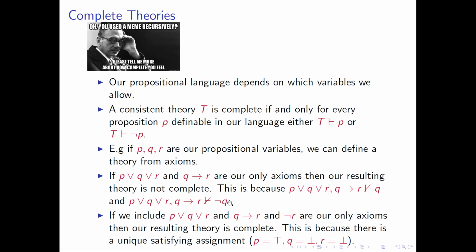But if we added the axiom not R, then we are in a complete theory. And being in a complete theory basically means that we only have one satisfying assignment, a unique satisfying assignment for the axioms or the entire theory itself.